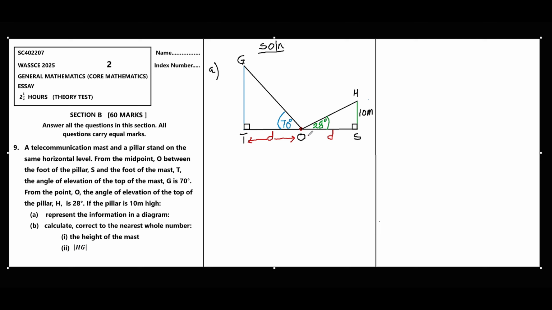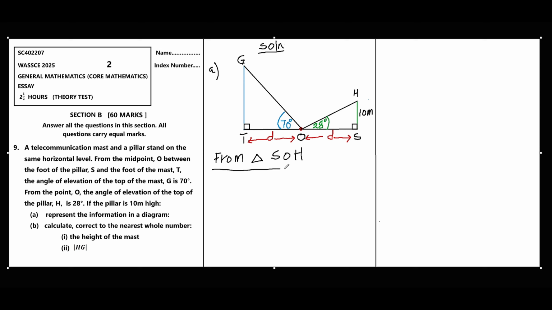So once we know the measure of D, we should be able to calculate the height of the mast. So now let's focus on this smaller right angle triangle. So how do we name this right angle triangle? I'm naming it as triangle SOH.